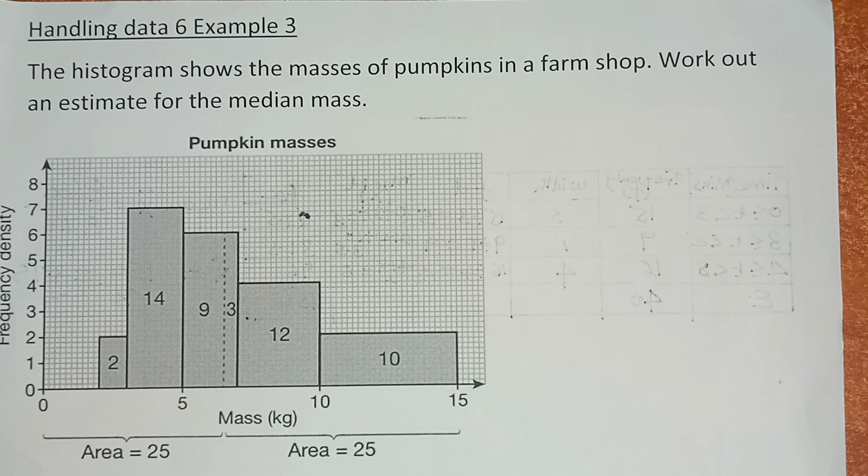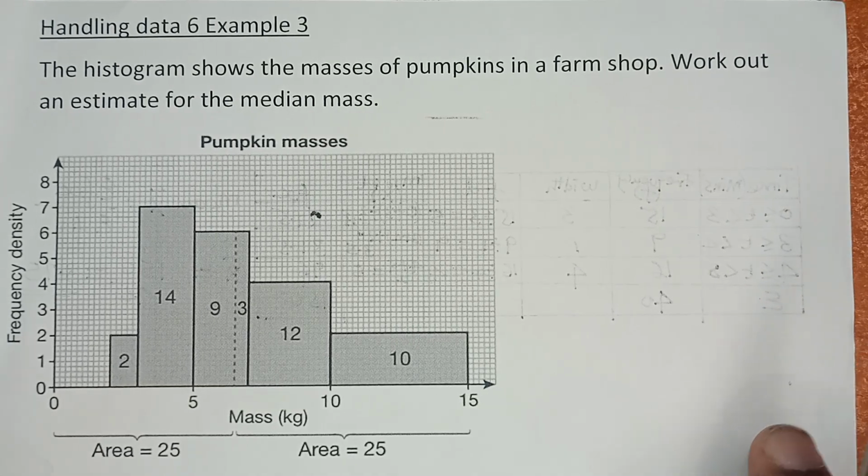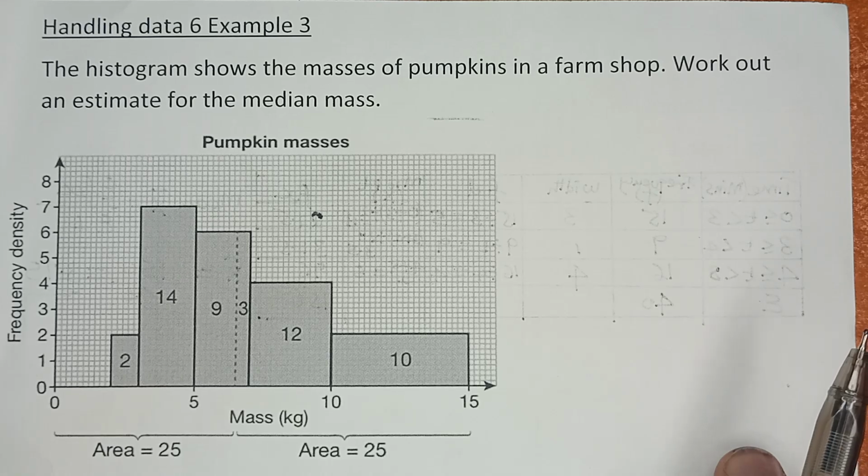We all know median mass is the mass in the middle, and we need to have arranged all entries, or all pumpkins, in ascending order, starting from the lightest to the heaviest. And we need to strike the midpoint, or actually the median mass.